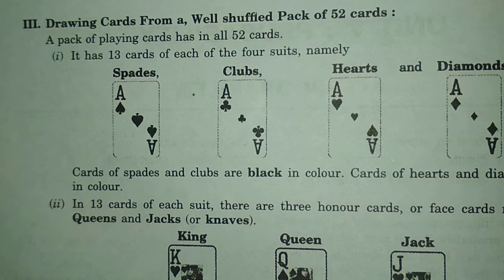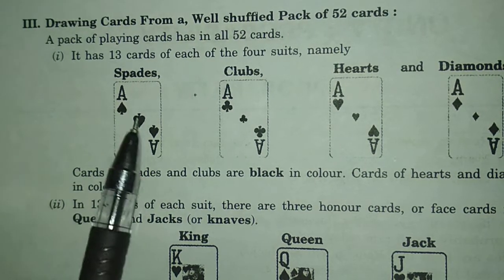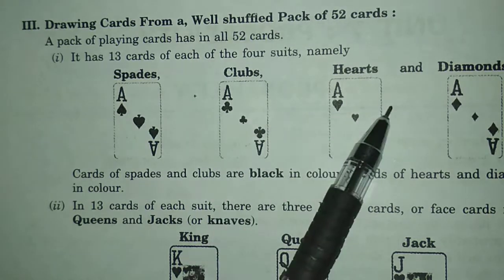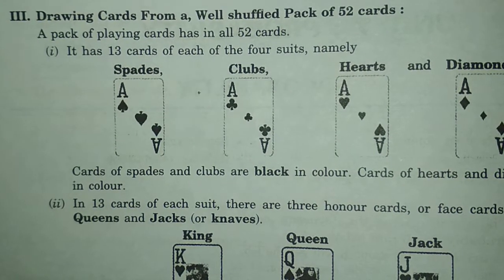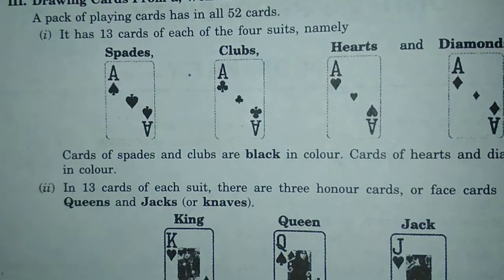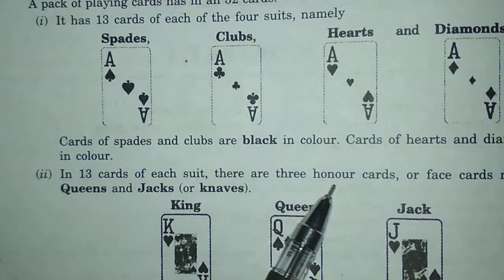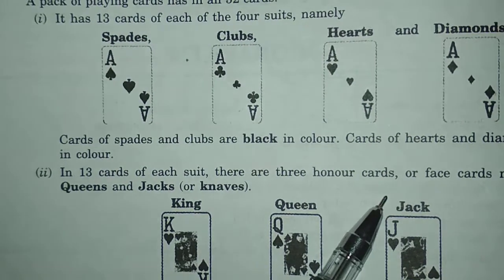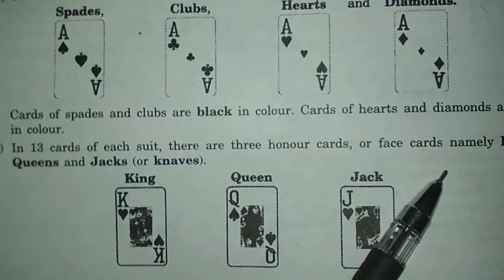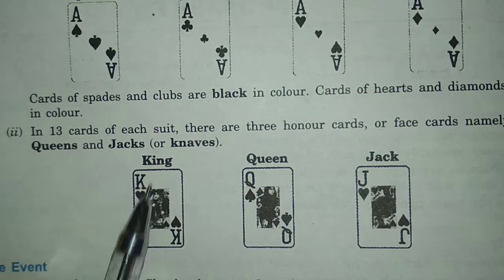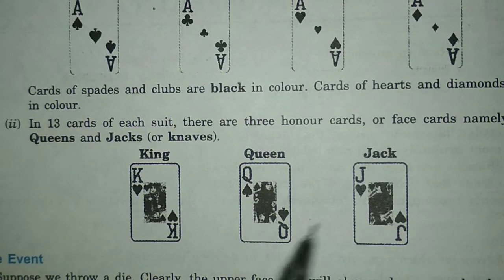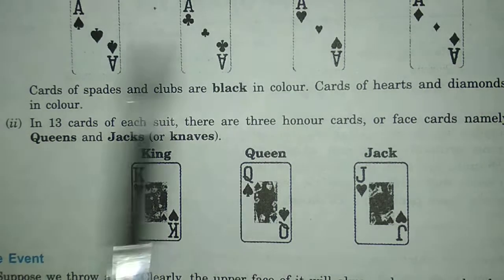Okay, now each suit means 13 spades are there, 13 clubs, 13 hearts and 13 diamonds, means 13 cards of each of the 4 suits. In 13 cards of each suit there are 3 honor cards, means important cards, or you can say face cards, namely kings, queens and jacks.